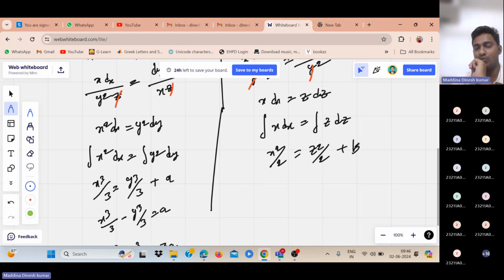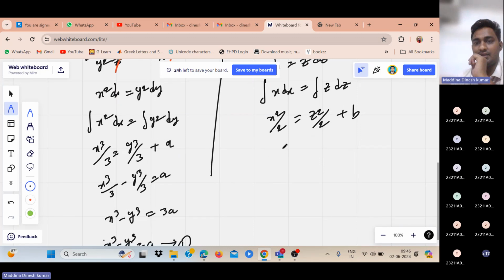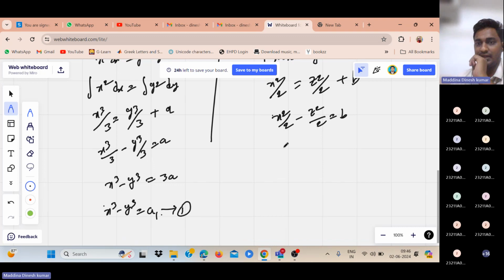That constant will come after completion of integration. I am writing that constant as some b. Then you will get x square by 2 minus z square by 2 equal to b, then x square minus z square equal to 2b.